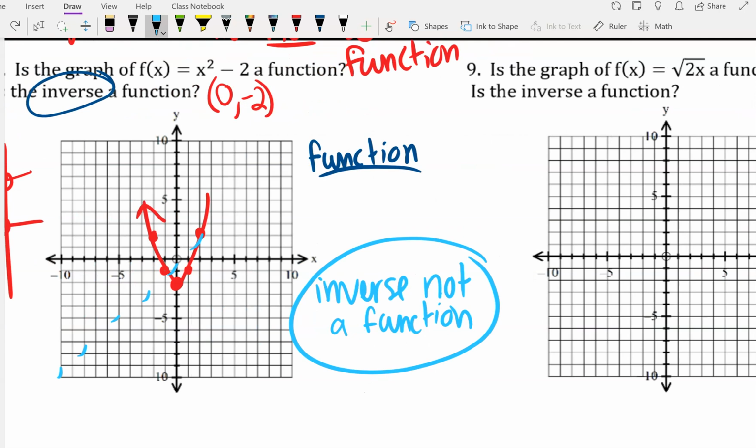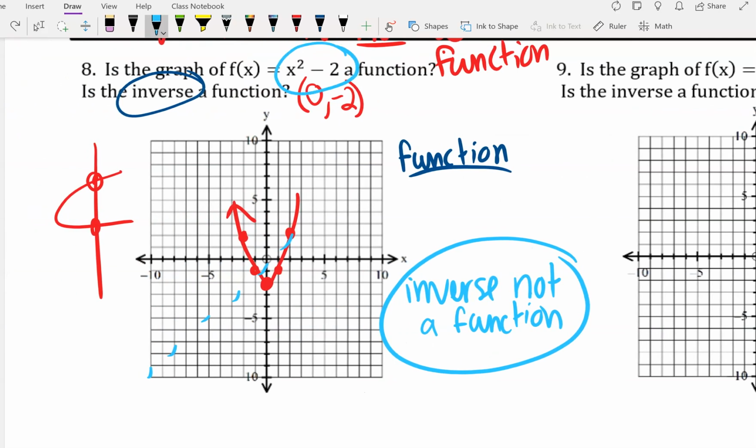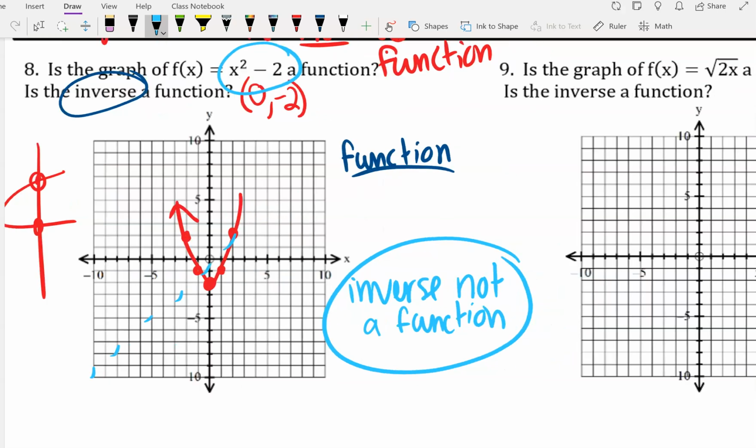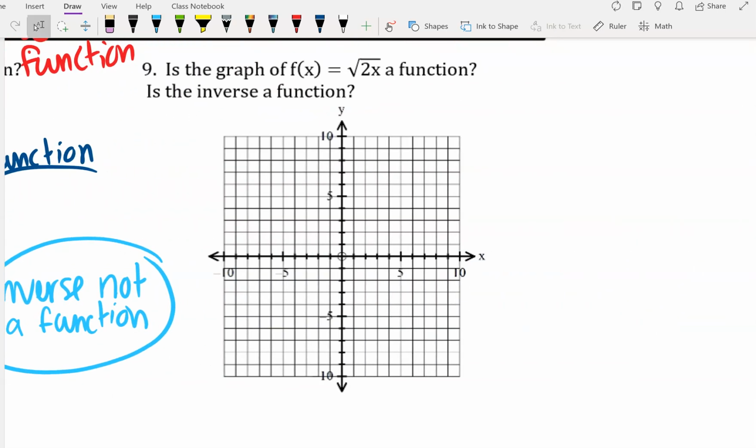All right, so to recap, this was a function. The inverse, which would be flipped on its side, is not a function. All right, is the function square root of 2x a function? I'm just going to do a really rough sketch.